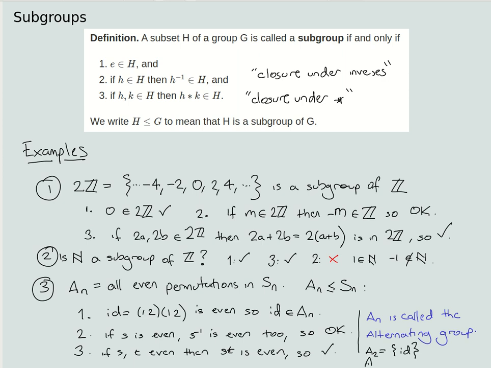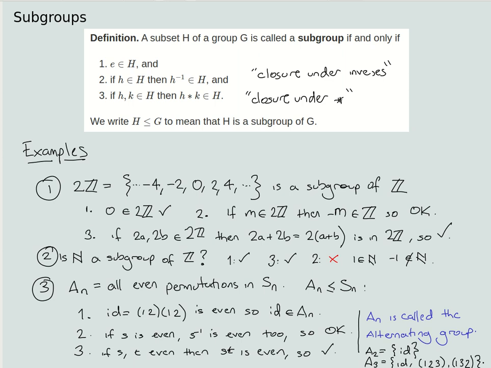On the other hand, if we take A3, things get slightly more interesting. This is all the even permutations in S3. So this time we get the identity. We don't get any of the 2-cycles, but we do get both 3-cycles. You will remember that an m-cycle is even if and only if m is odd.